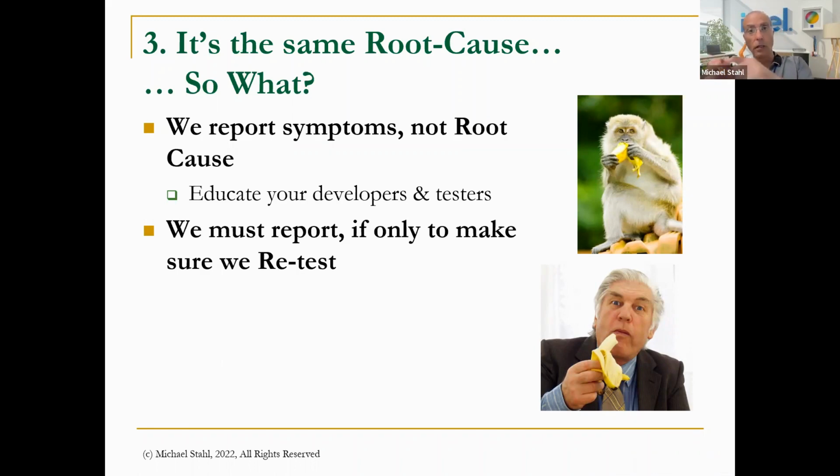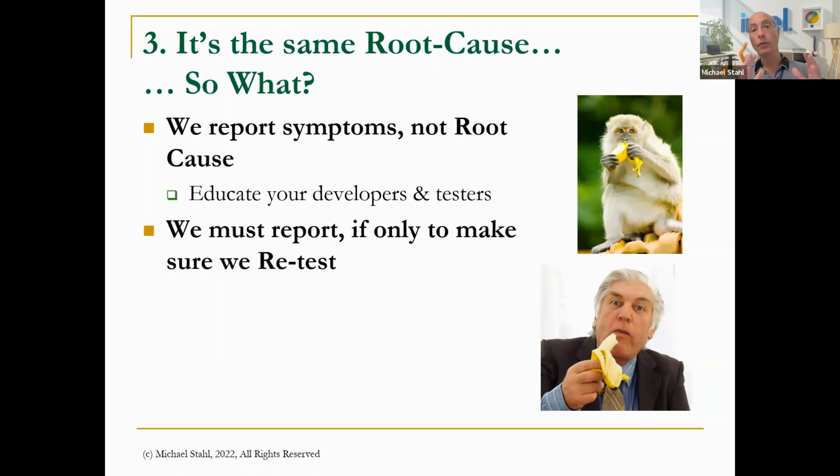I've run this test, it runs a certain flow, and therefore I had one bug, and then I ran a different flow, and I got another bug. And I need to report it because the flow is not the same. The way I generated the bug is not the same. And possibly when they fix the first bug, they would fix it for a certain flow and they will not fix it for a different flow.